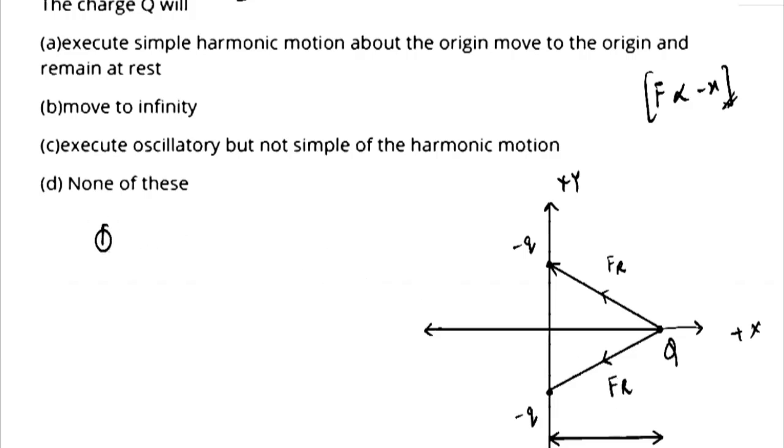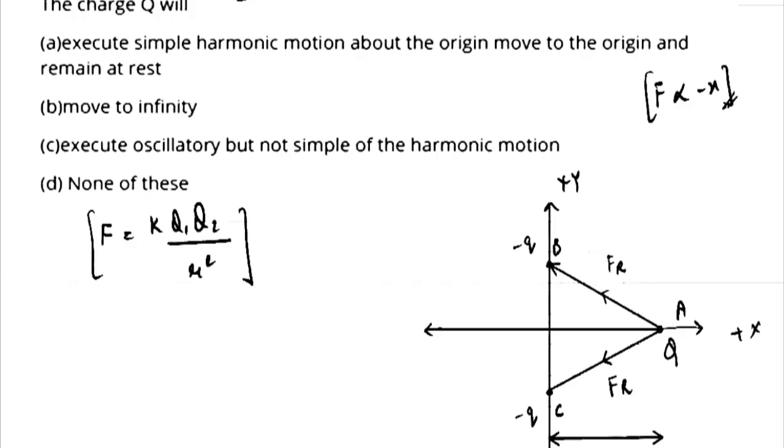Because electrostatic force is given as k Q1 Q2 divided by R squared, where R is the distance between the charges Q1 and Q2. Here the charges are the same, and the distances are the same. Let's name the points A, B and C. AB distance is equal to AC distance. So the force between the charges q and minus q will be the same.